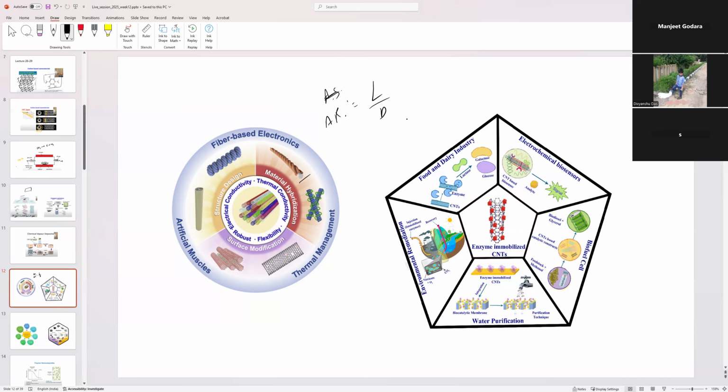You can mix it with clothes to get conductive clothing. You can use it for chemical separation, storage, fiber-based electronics.